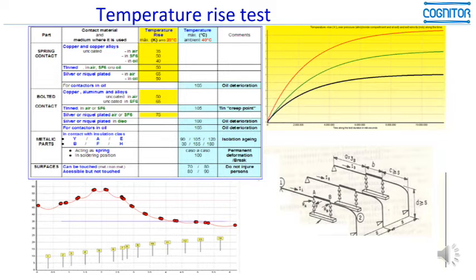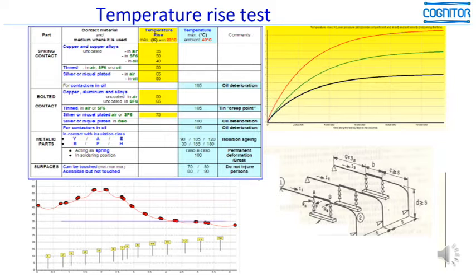We apply these currents during a duration sufficient to have a complete stabilization of the temperatures around the equipment and around all the points of the equipment that we are measuring. At these points we put thermocouples to determine the temperatures. And as the name says, temperature rise is the difference between the temperature of a certain point, which is measured along the test, and the temperature of the air in the vicinity of the equipment.